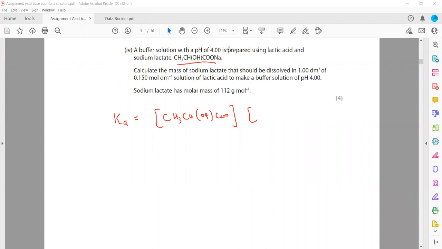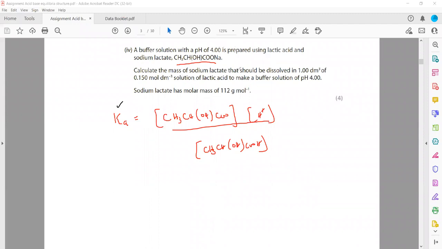So the concentration of the salt will be the same as the concentration of this negative ion, then hydrogen ion, divided by the concentration of acid, which is CH3CHOHCOOH. So first we have the value of the Ka, we have the value of the concentration of acid as I mentioned here.